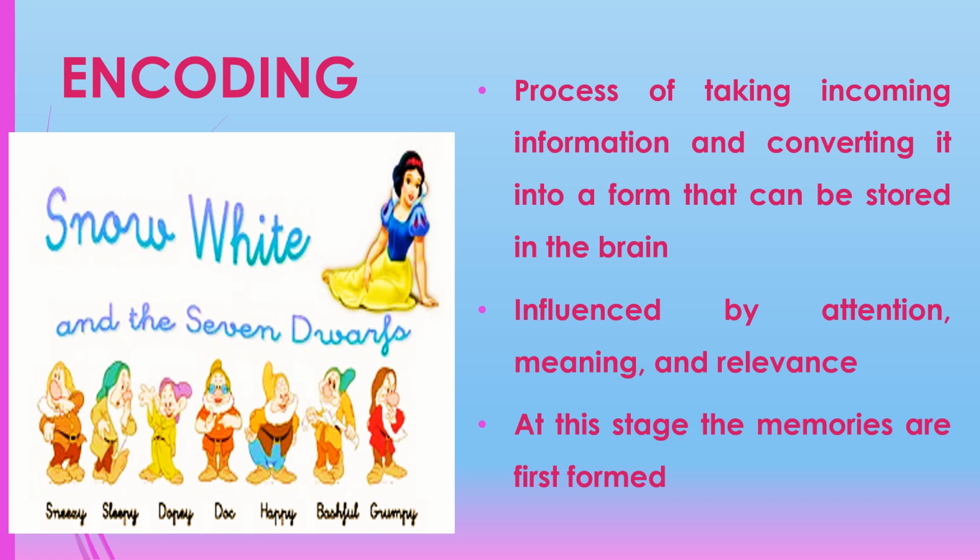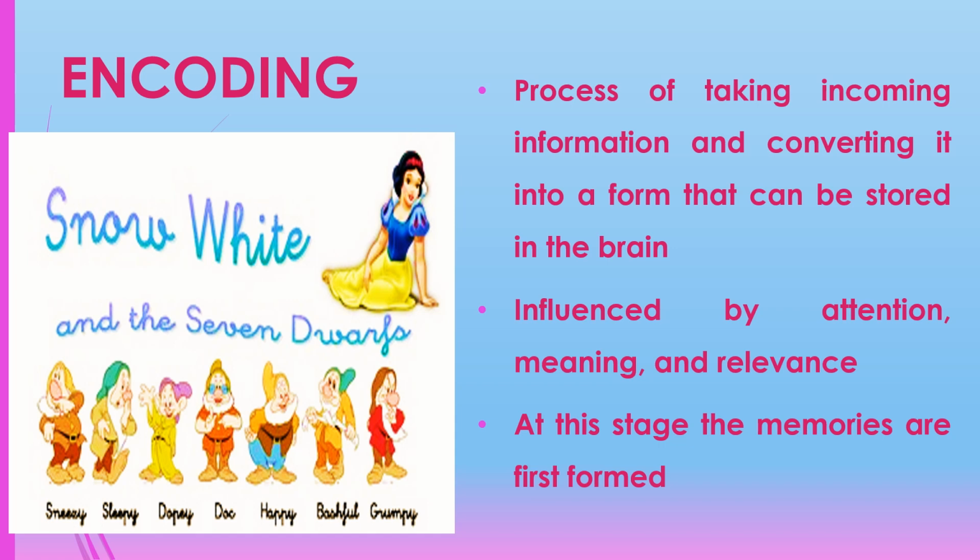So first the information comes, then it is converted into a form that can be stored in the brain. This stage is influenced by several things like attention, meaning, and relevance. That is, we memorize things that catch our attention. Sometimes if it holds meaning for us, then it will be memorized, and also the relevance of the thing we see. And this is the stage where the memories are first formed.